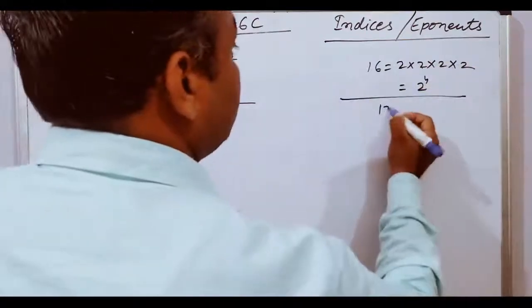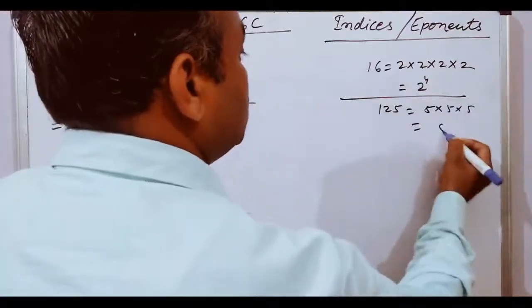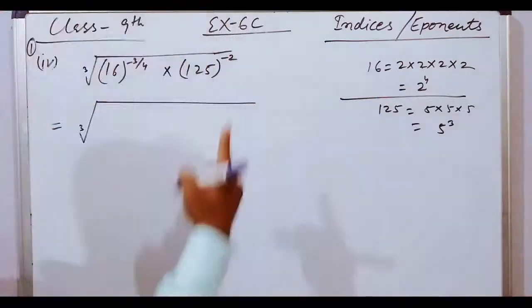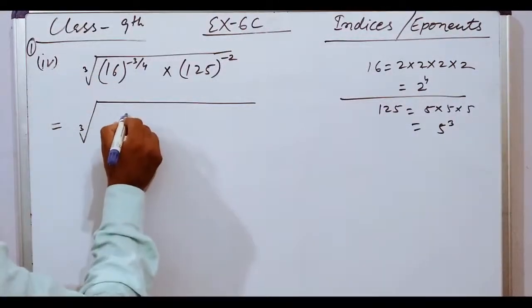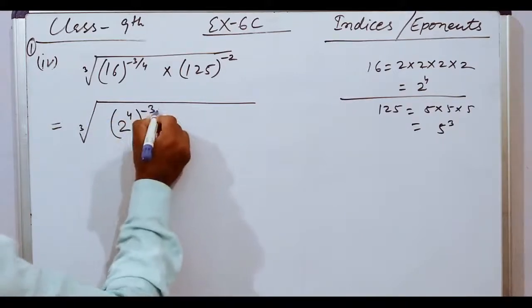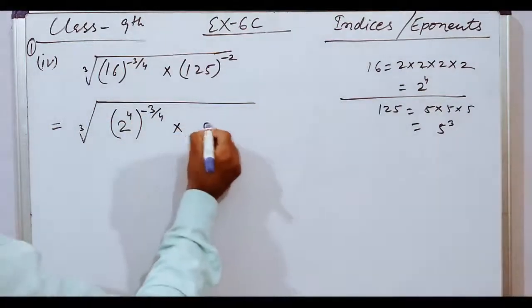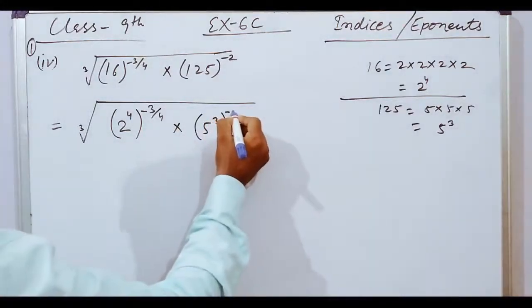And 125 we can write as 5 into 5 into 5, so in exponential form 5 to the power 3. So 16 means 2 to the power 4 whole power minus 3 upon 4 into 5 to the power 3 whole power minus 2.